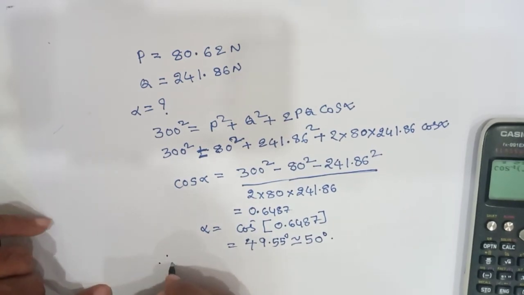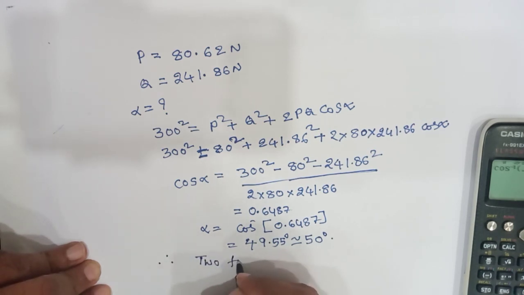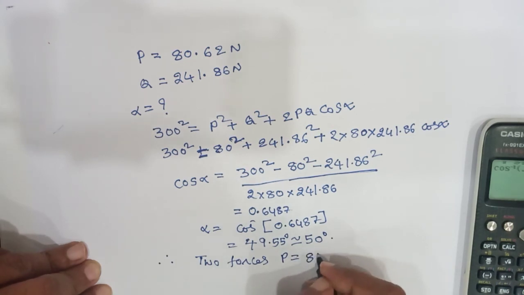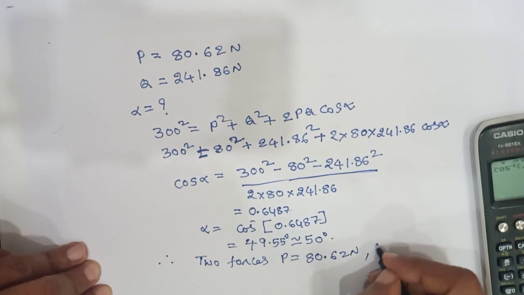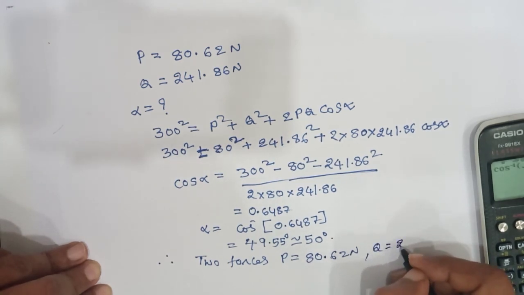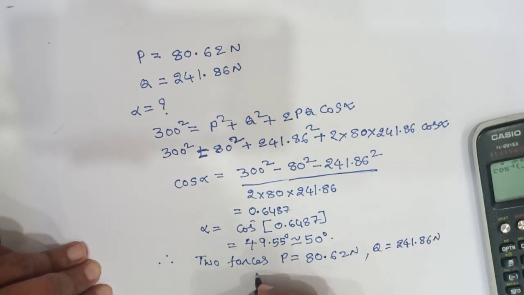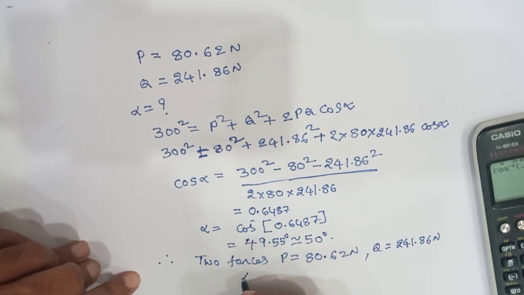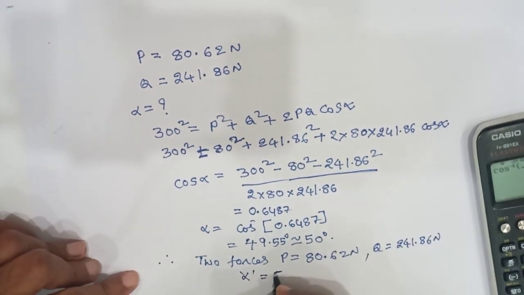So therefore the answers are: the two forces, P is equal to 80.62 newtons and Q is equal to 241.86 newtons, and the angle between the two forces alpha is equal to 50 degrees.